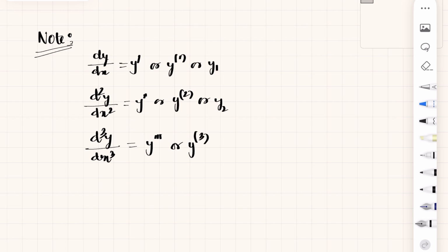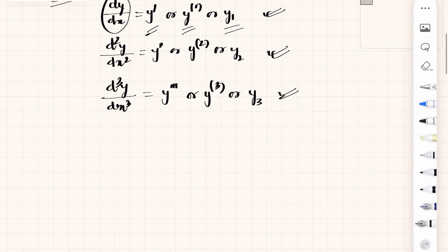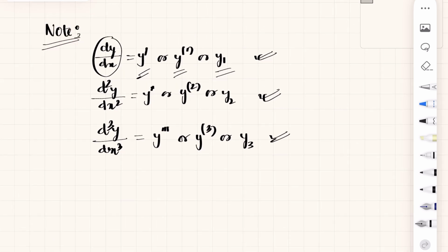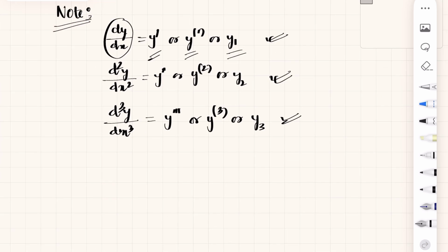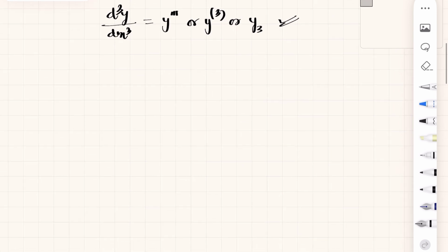You need to know this, because instead of using dy by dx, it's better to use these symbols. We're going to use this in every topic about differential equations.